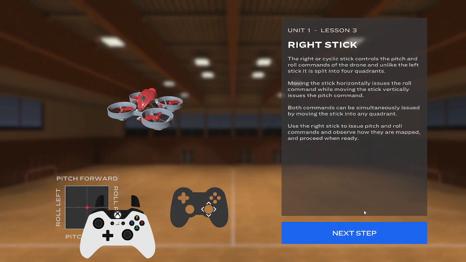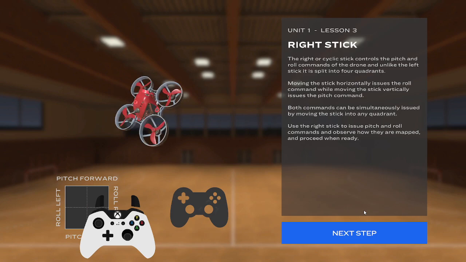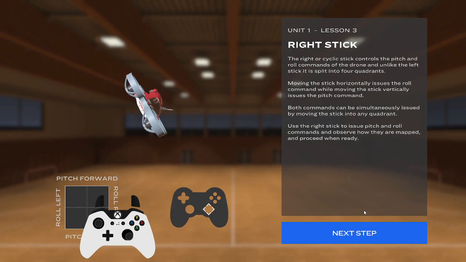Moving the stick horizontally issues the roll command, while moving the stick vertically issues the pitch command. Both commands can be simultaneously issued by moving the stick in any quadrant. Use the right stick to issue the pitch and roll commands. Okay.